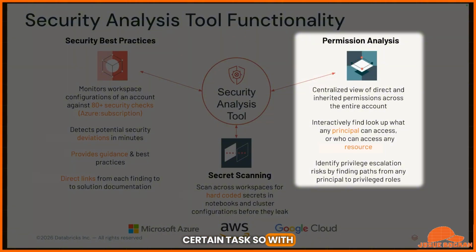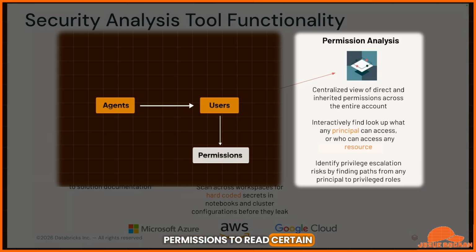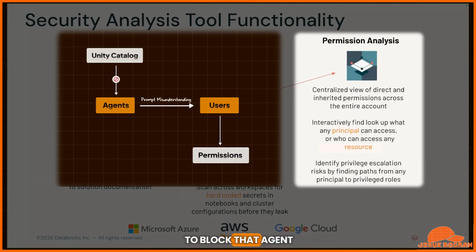With on-behalf-of (OBO) permissions against agents, we want to make sure the agents are representing the user, and the user has permissions to read certain tables or certain schemas, and only that. So when the agent is trying to be super helpful and get you some HR data because it misunderstood your prompt, Unity Catalog is going to block that agent, saying, hey, your job is to get how many widgets did I sell?